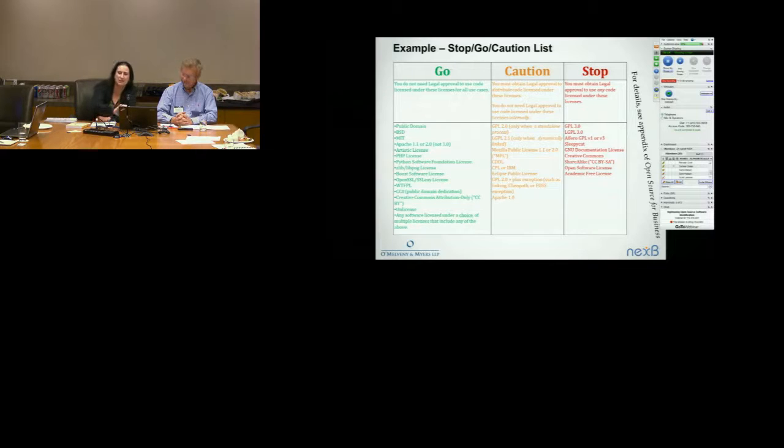I realize this is small print and hard to read, but the Go licenses are mostly what we call permissive licenses, or notice only, or academic licenses, or non-viral licenses, like BSD, MIT, and Apache. The caution licenses are most of the copyleft licenses, like GPL, LGPL, Mozilla, CDDL, Eclipse. And the stop licenses, you'll see on that list is GPL3.